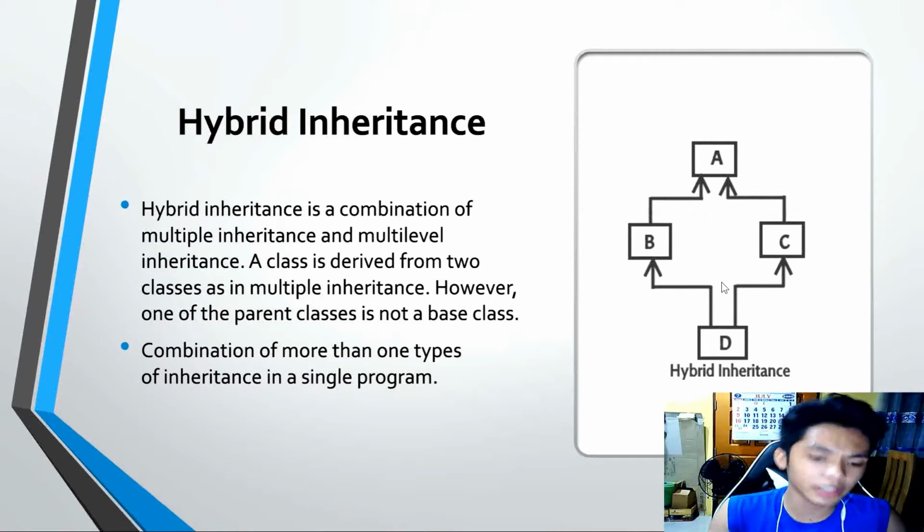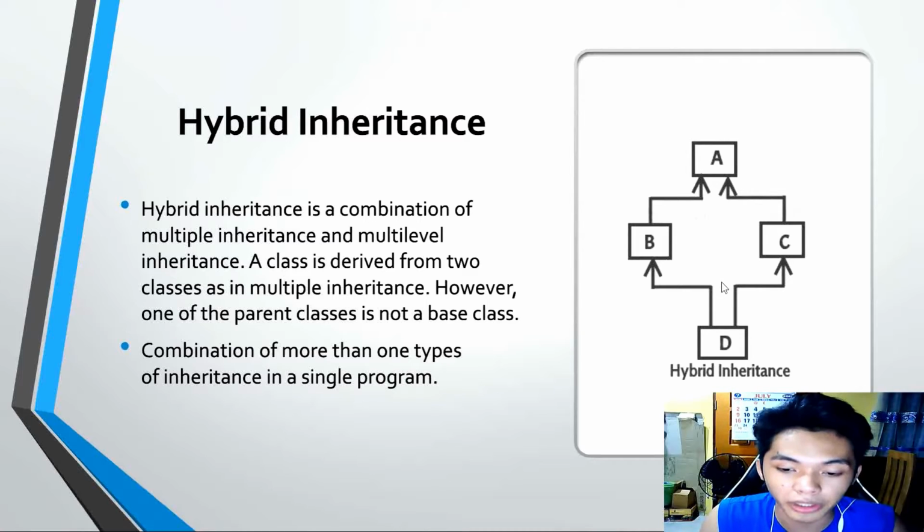Since Java doesn't support multiple inheritance with classes, hybrid inheritance is also not possible with classes. So in simple terms, you can say that hybrid inheritance is a combination of single and multiple inheritance. A typical flow diagram would look like this.